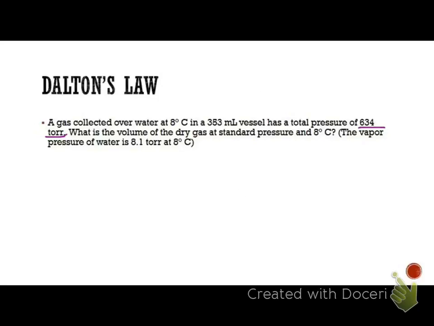So we have to figure out what that would be. The water vapor pressure is going to be 8.1 torr at 8 degrees Celsius, and standard pressure in torr is 760 torr.